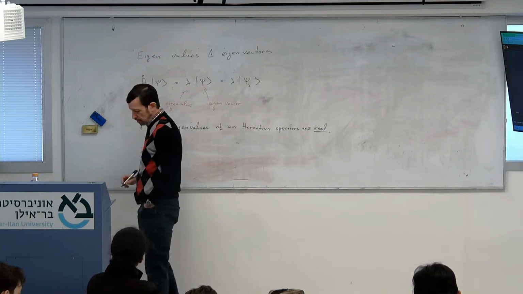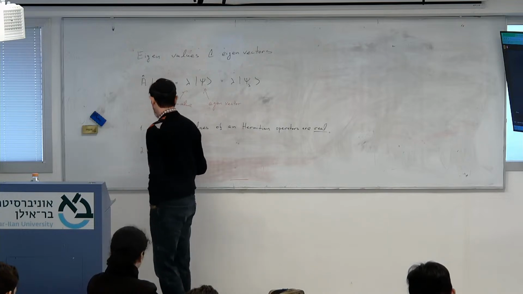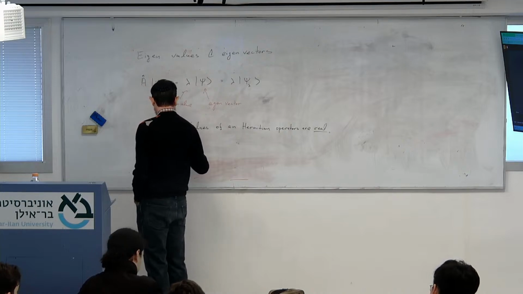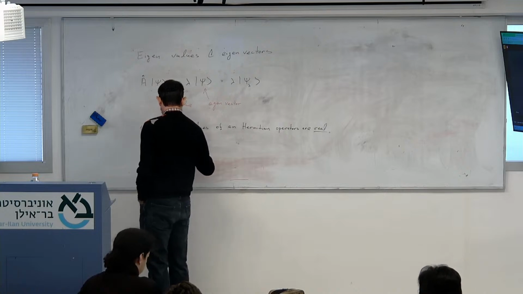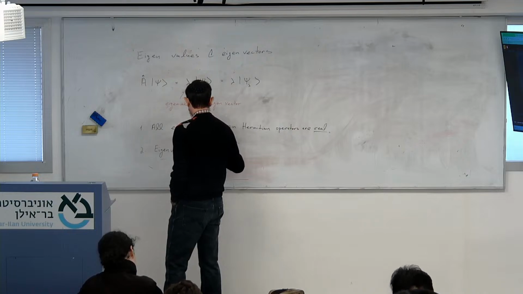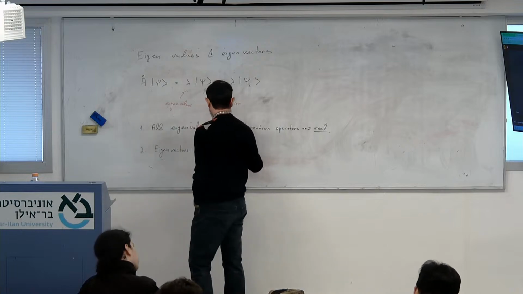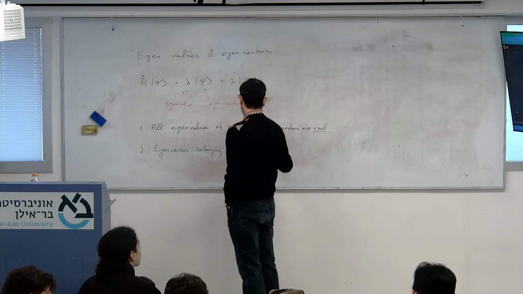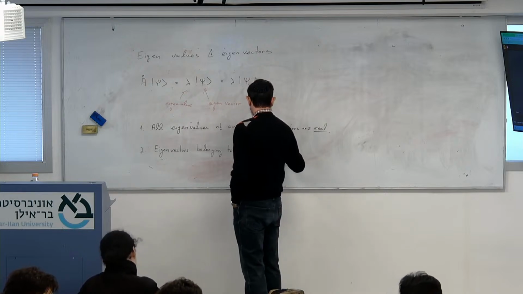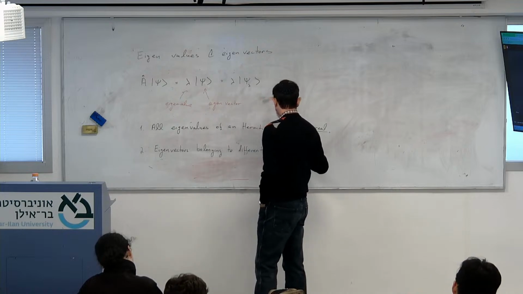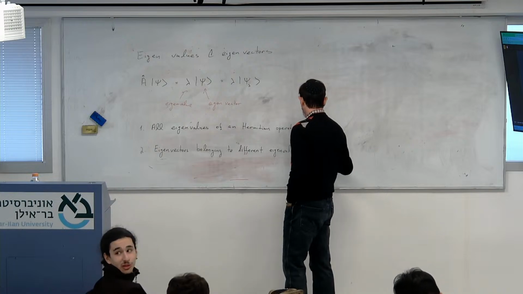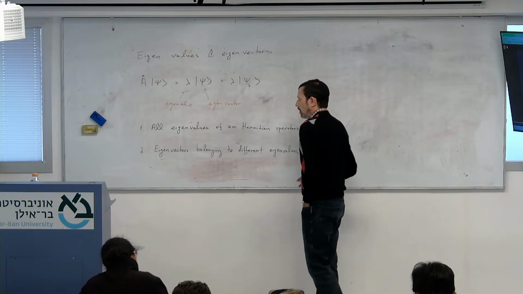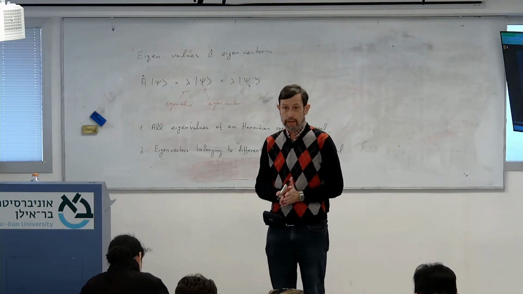Another thing that we know about eigenvalues and eigenvectors: eigenvectors belonging to different eigenvalues are orthogonal.